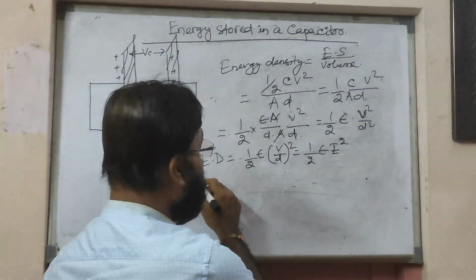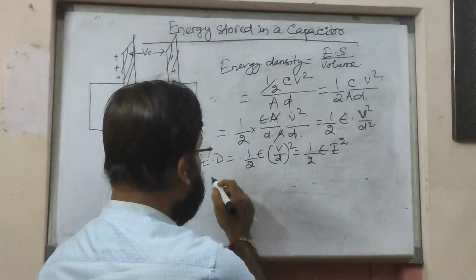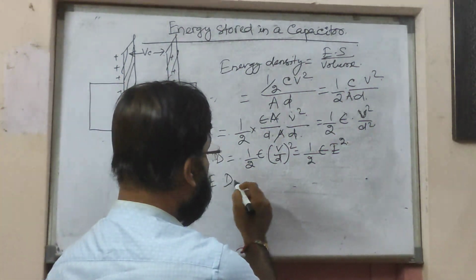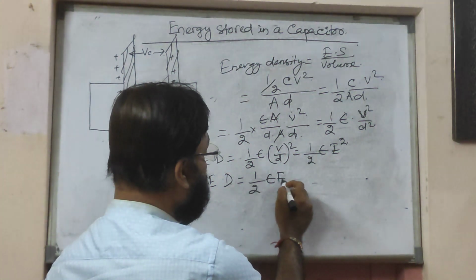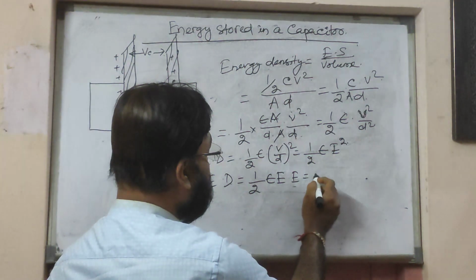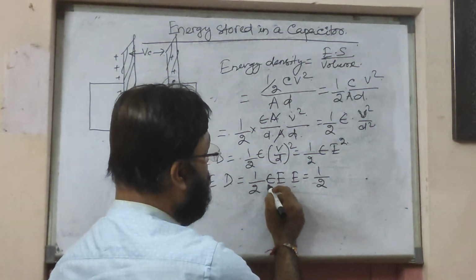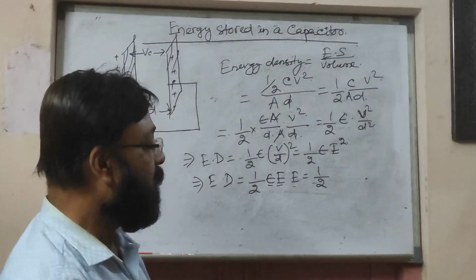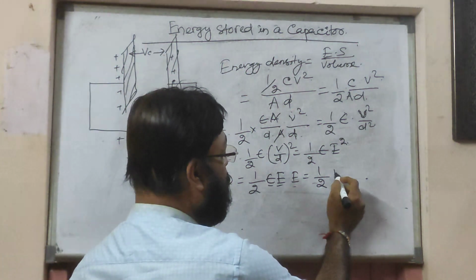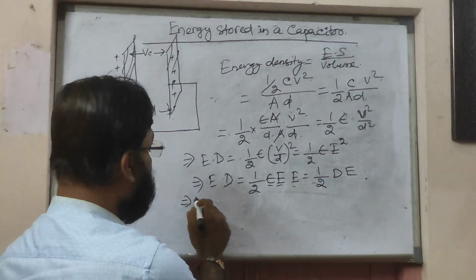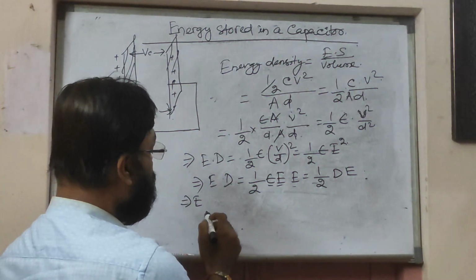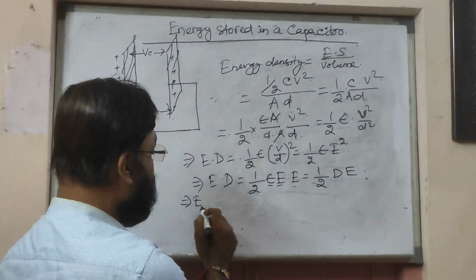So from this we can calculate the energy stored. Energy density can further be written as half epsilon into E into E. We know that epsilon into electric field intensity is nothing but the electric flux density, so half D E. Energy stored per unit volume is the energy density.